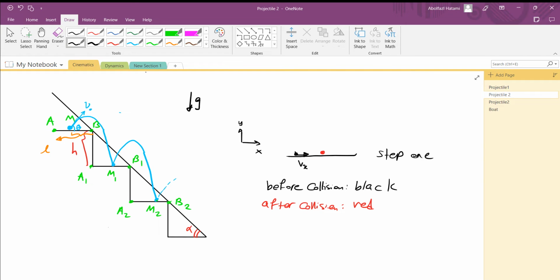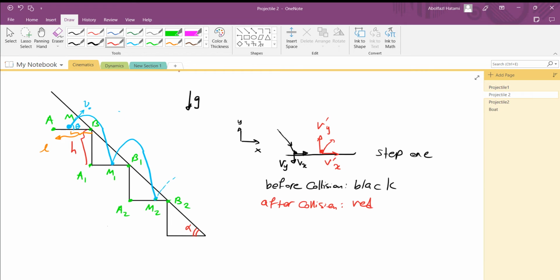And it also has a vy downward, because it is coming to this step. After the collision it is going up, with v prime of x and also v prime of y, which is upward. What is the relation?